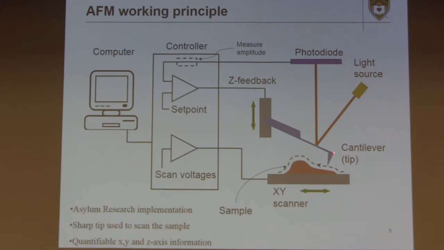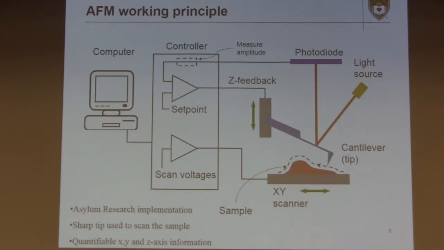So whenever this cantilever is deflected, that gets registered in the photodiode and fed into your controller. Now, if we specify one thing to remain constant, it can be deflection, it can be force, as a set point right there, that set point will adjust your Z feedback to maintain the parameter constant.